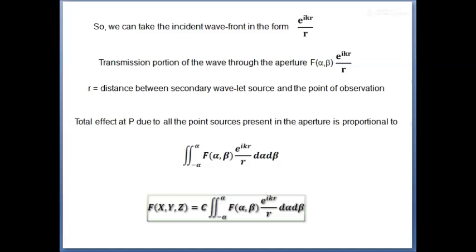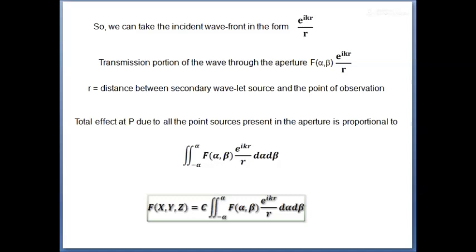Now the amount of that spherical wave that is transmitted through the aperture must be f(alpha, beta), the transmittance function, multiplied by e to the power ikr divided by r.